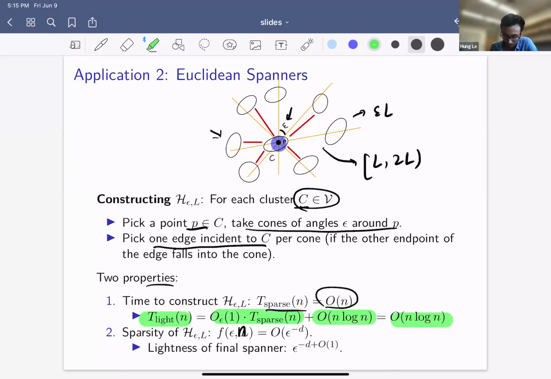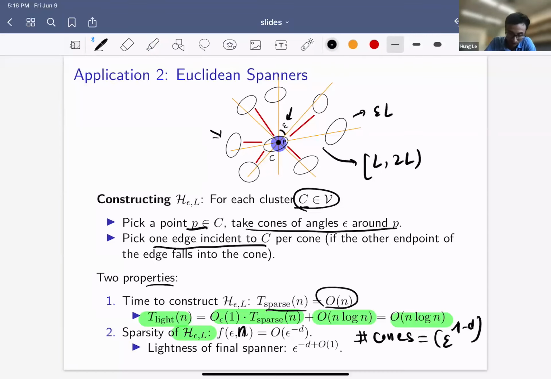And how about the lightness? Well, for the spanner of the cluster graph, the number of edges per cluster is going to be the number of cones. And the number of cones is roughly epsilon to the 1 minus d in d dimensions. In 2 dimensions, the number of cones is 1 over epsilon, and so on and so forth.